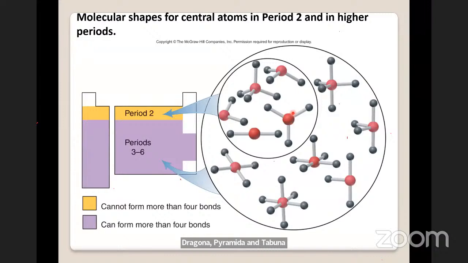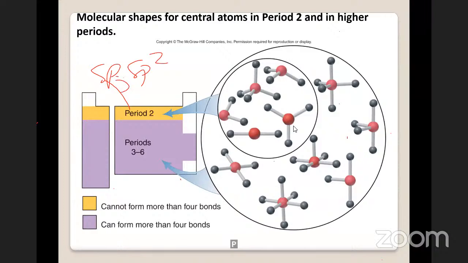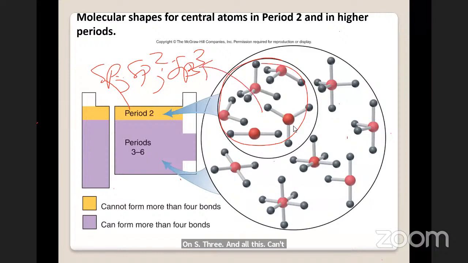Why? Because the maximum they can undergo is from sp to sp3. They can only undergo sp, sp2, and sp3 hybridization, and all this can be formed from that, either distorted or in its normal form, because there is no d region.